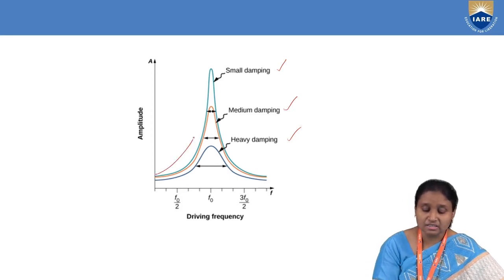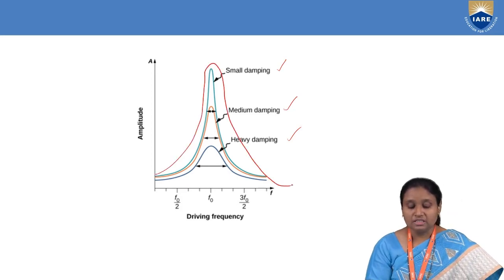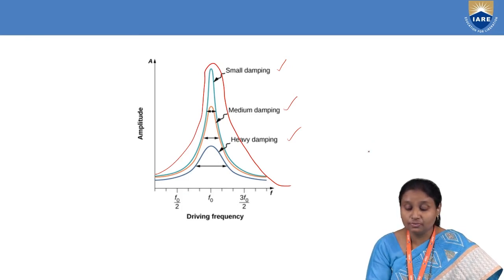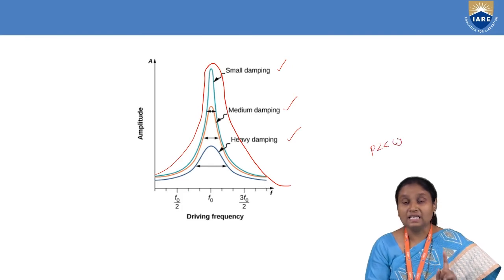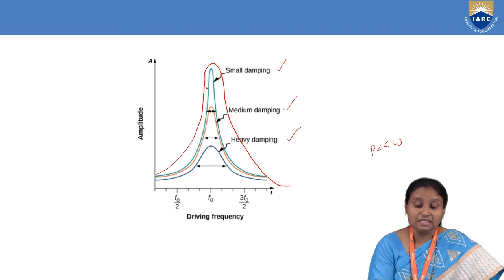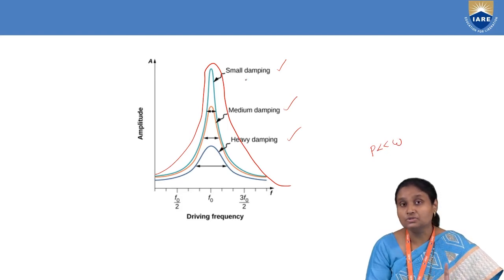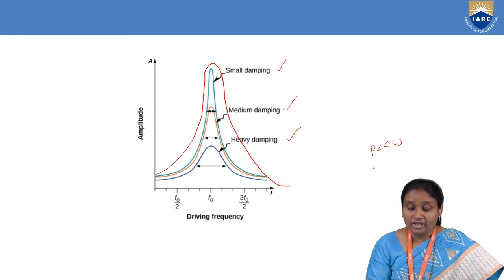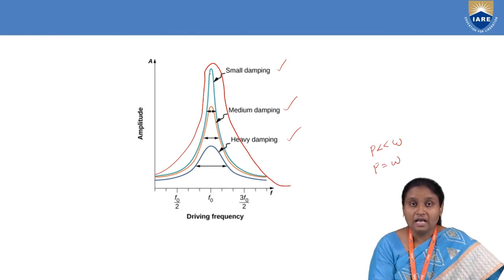Now first, forget about damping. Suppose I have taken this curve. At lower driving frequency, when your p is less than omega, that is our case 1, amplitude is increasing. That is the first conclusion. When p is equal to omega, your amplitude goes to its maximum value.